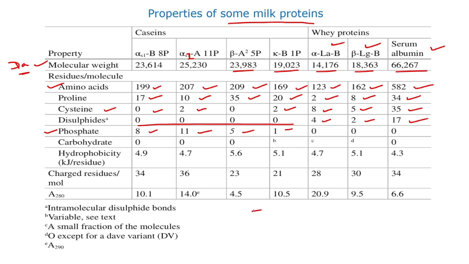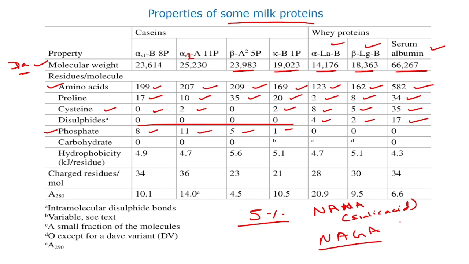So in kappa casein 5% carbohydrate is present, and this 5% consists of N-acetyl neuraminic acid, NANA, which is sialic acid. Then we also have NAGA, that is N-acetyl galactosamine, and also galactose.